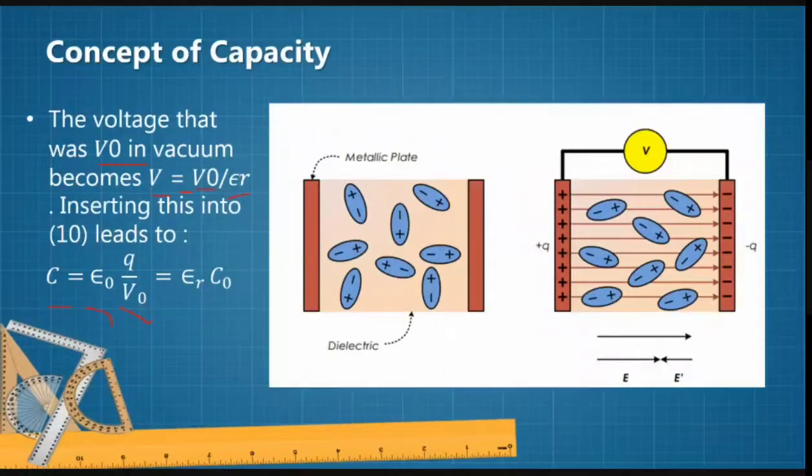And this is how you get the expression C equals epsilon null epsilon r A divided by D from the previous slide.